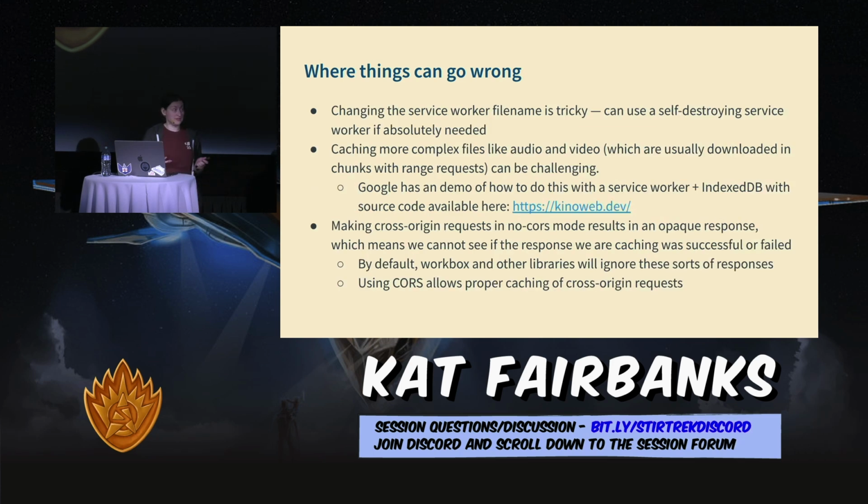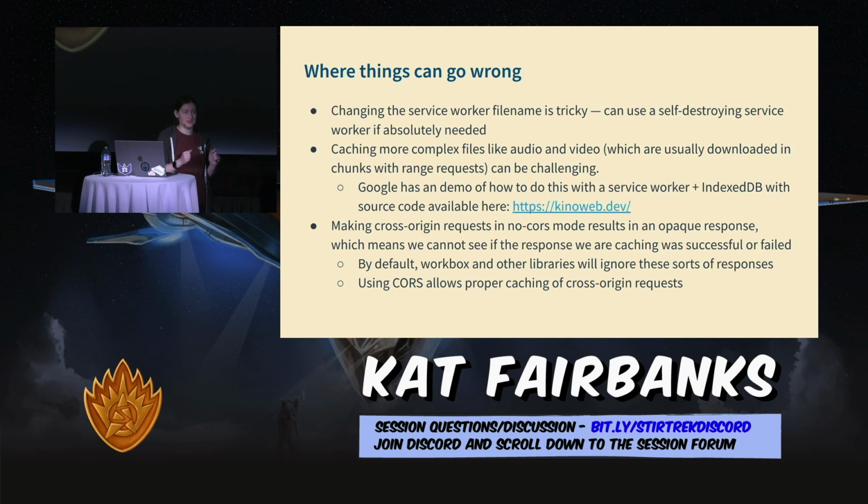Another weird thing that I learned in production is that changing the service worker file name is really tricky. Because it's serving that cached index, it's serving the cached service worker name. And so you end up in this loop. And it can be quite a pain, but you can do it if absolutely necessary.